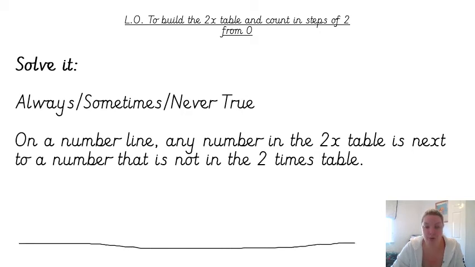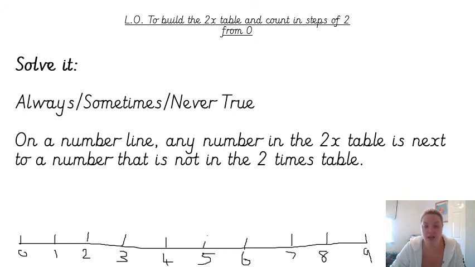So if I draw a quick number line here, quick one. So I'm going to go 0, 1, 2, 3, 4, 5, 6, whoopsie, 7, 8, 9.